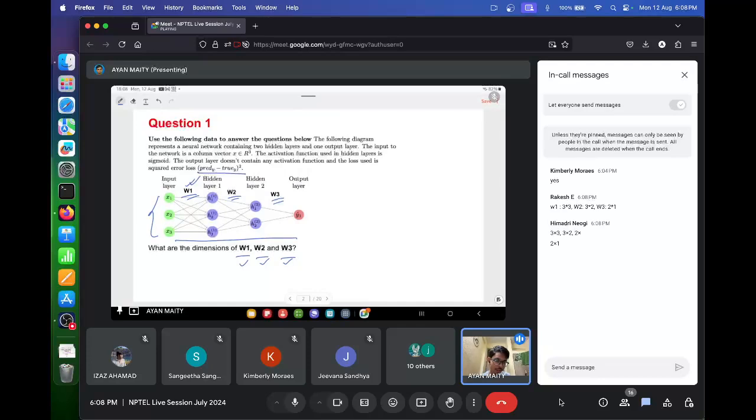Rakesh says W1 is 3 cross 3, W2 is 3 cross 2, W3 is 2 cross 1. Himadri Yogi also says the same, 3 by 3, 3 by 2, 2 by 1. Kimberly Moraes says 3 by 3, 2 by 3, 1 by 2. Okay.